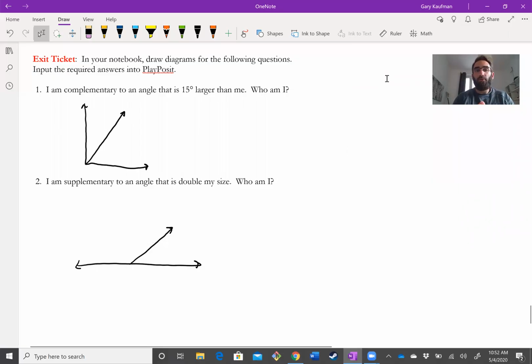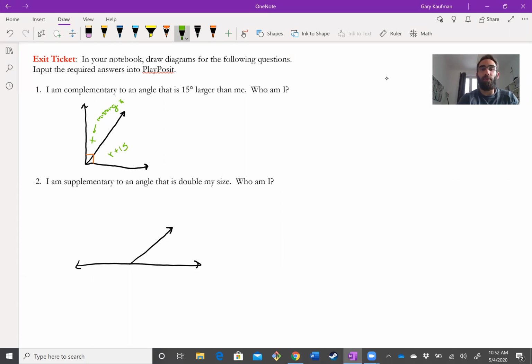So you could use guess and check. I like to use algebra because it takes a lot of the stress out of it. We are looking for an angle that is complementary to another angle 15 degrees larger. So complementary means we're making 90 degrees. Let's say that this is the missing angle. And we're told we're complementary, so the other angle is 15 larger, x plus 15.